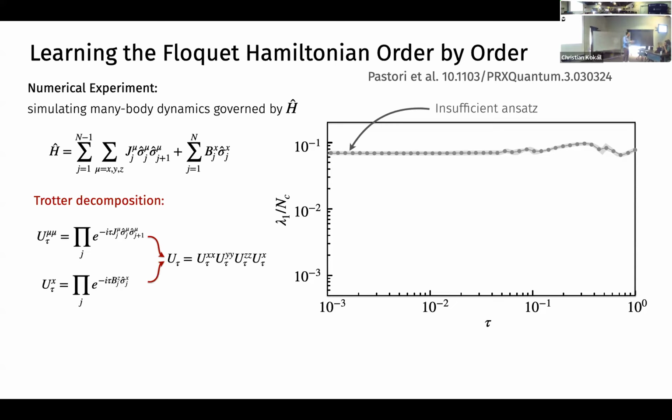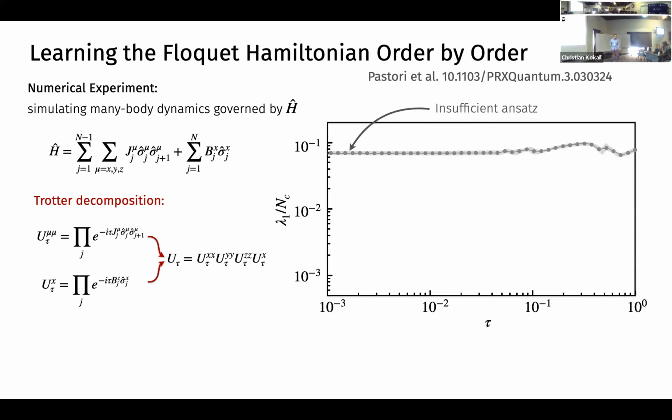What you do is you write down an ansatz. If the ansatz is completely insufficient, if it doesn't even contain enough terms to recover the zeroth order of this Floquet Hamiltonian, you just see some noise level.